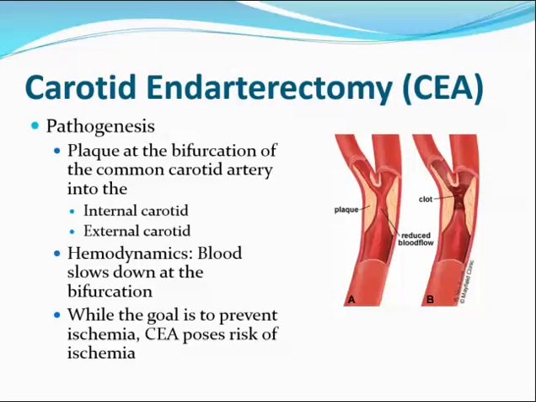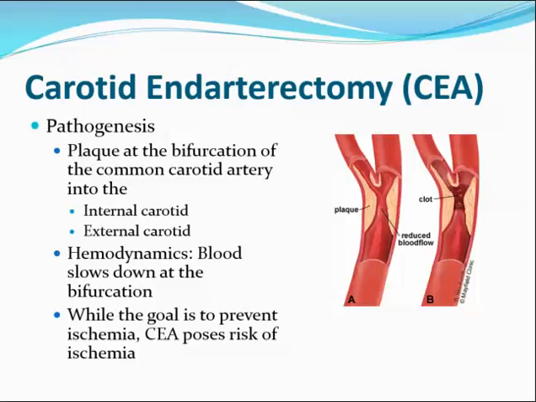The pathogenesis. Usually, for someone to undergo this kind of surgery, there will be carotid stenosis, which means narrowing of the vessel, the internal carotid. Well, it actually happens about the bifurcation of the carotid into the internal and the external.